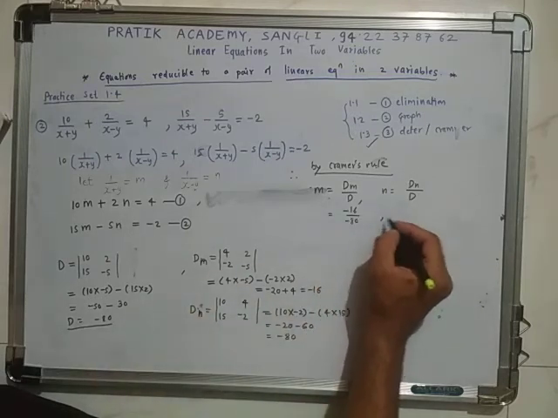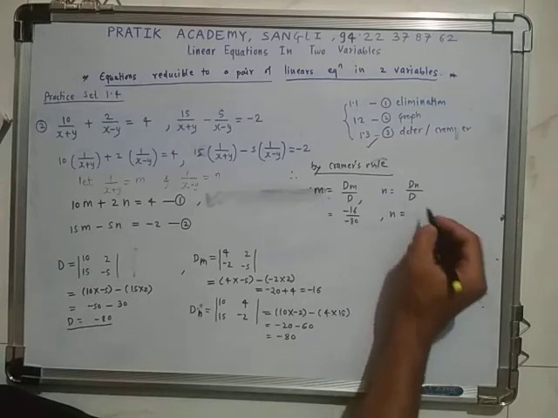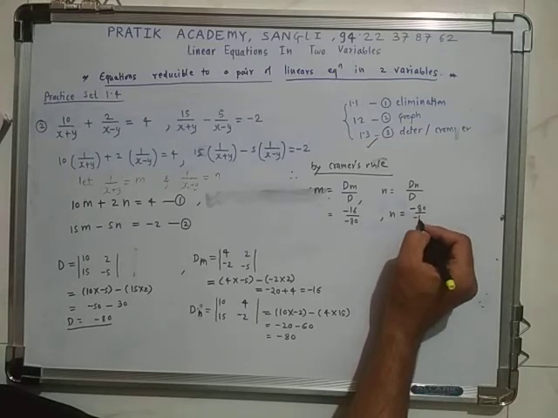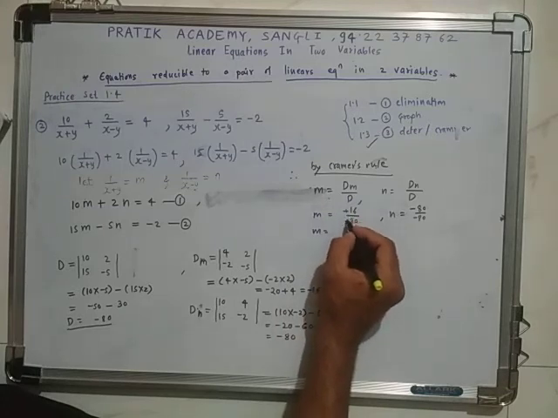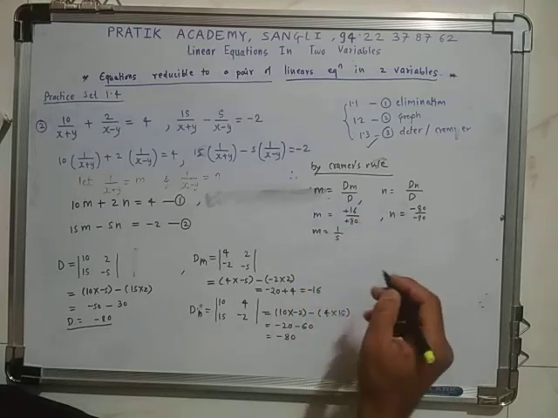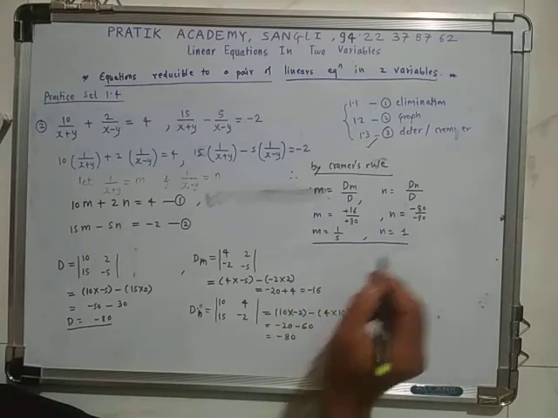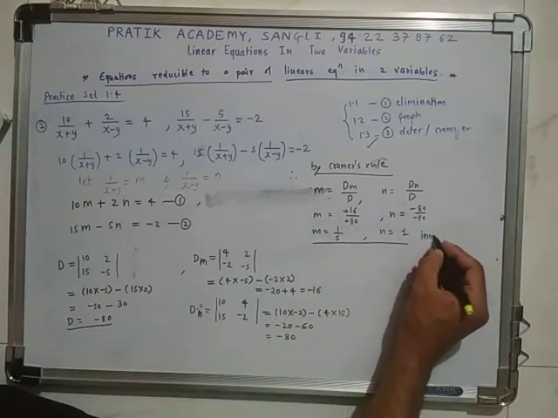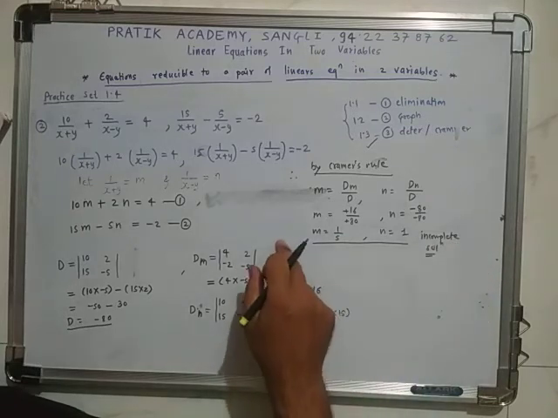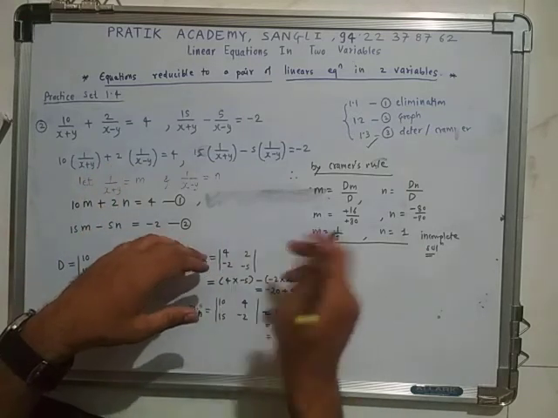Then for n, Dn is minus 80, D is again minus 80, so m is 1 upon 5 and n is 1. So this is the solution, but this is an incomplete solution, because our initial variables are x and y. So our problem will be continued here.